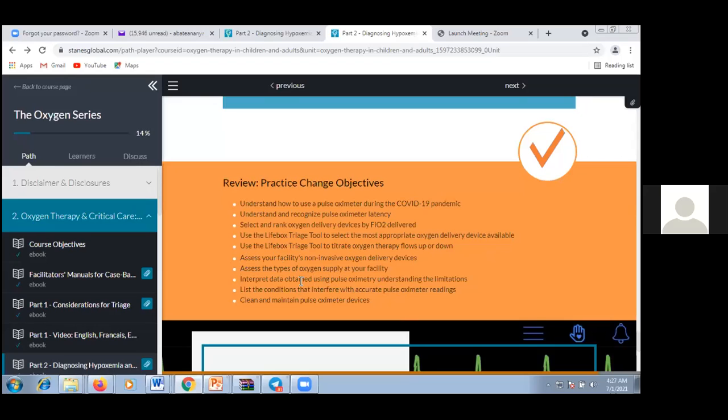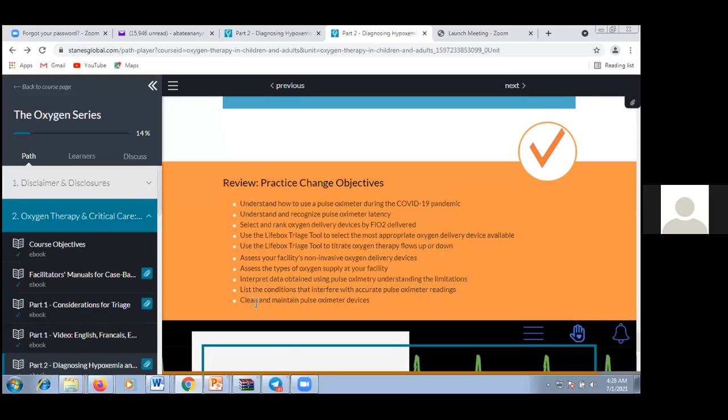The other objective is that you are able to interpret data from pulse oximetry and understand the limitations. Dr. Mahalet really dealt with artifacts and the limitations well, and I'm sure most of you know that by now.